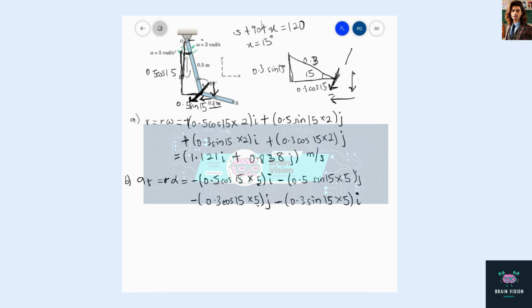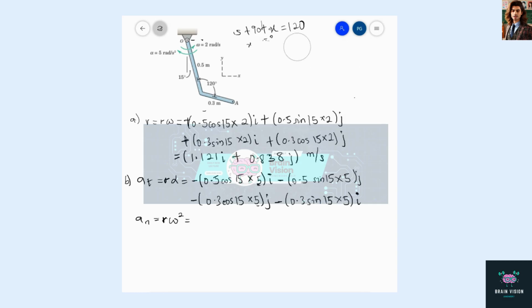Alright, so now for the normal acceleration, the formula we're going to use is r omega squared, and we can load these up. And the normal acceleration is directed towards the center of rotation.